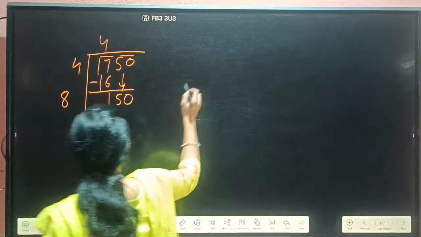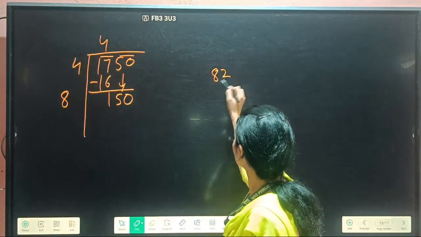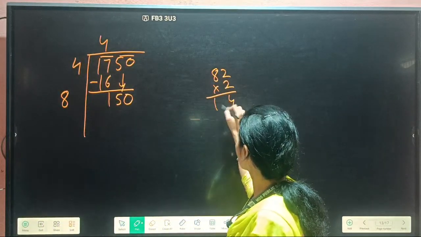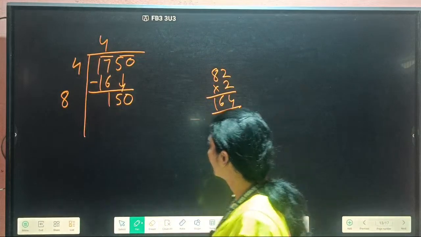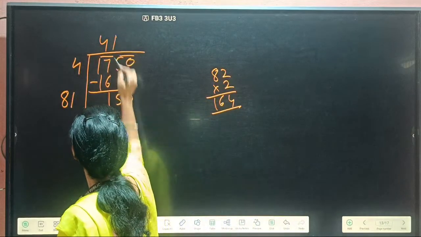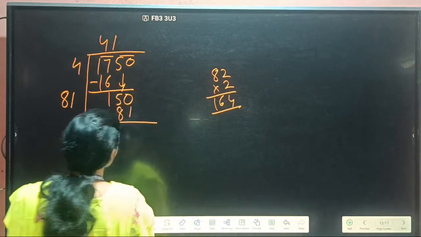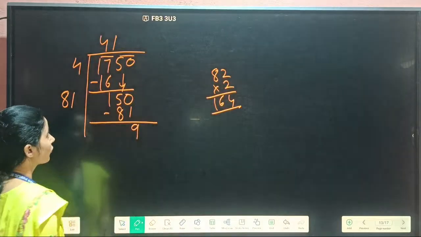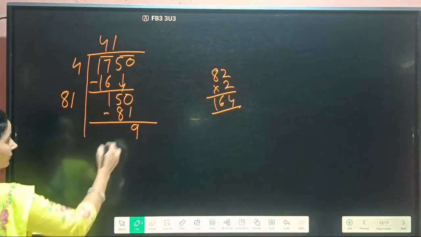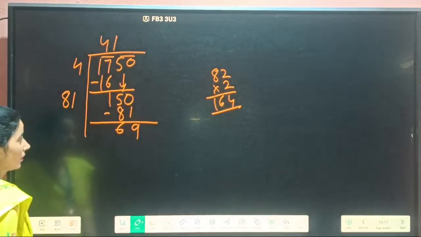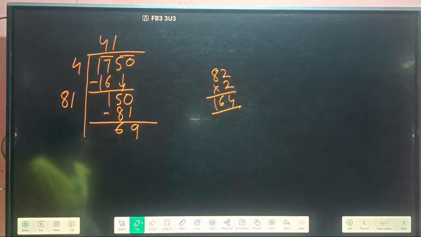Now check multiplication, check with 2. 2 2s are 4, 2 8s are 16, is greater than 150. So I will write 1 and 1. 10 minus 1, 9, and 14 minus 8, 6. So this 69 is the remainder.